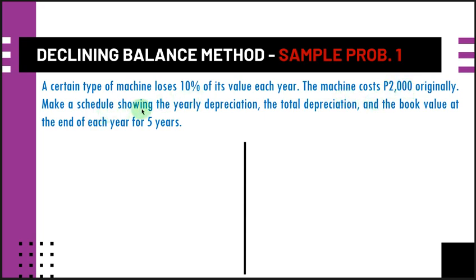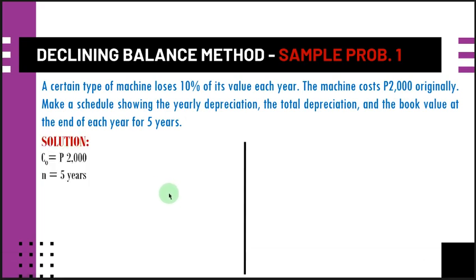Make a schedule showing the yearly depreciation, the small d, the total depreciation, referring to our capital D, and the book value, referring to our C sub n, at the end of each year for 5 years. So we can say that n is just equal to 5 years, and our original cost CO is just equal to 2,000 pesos.